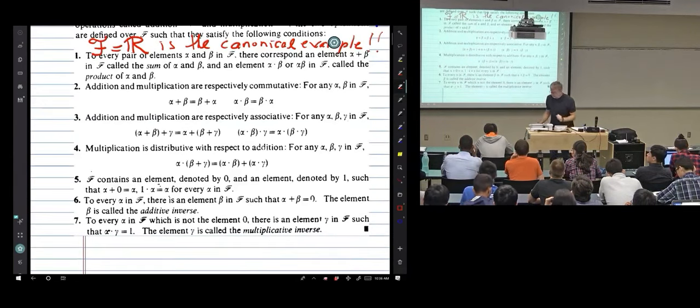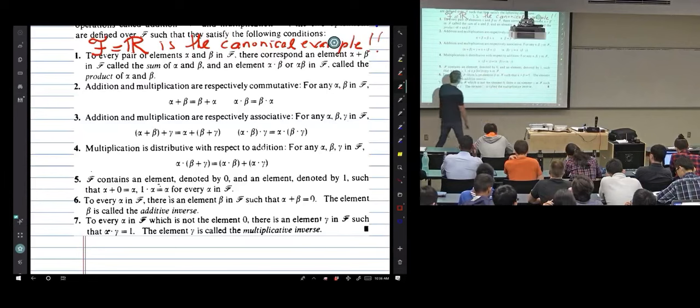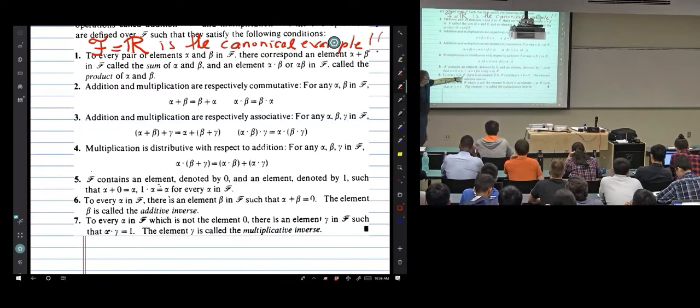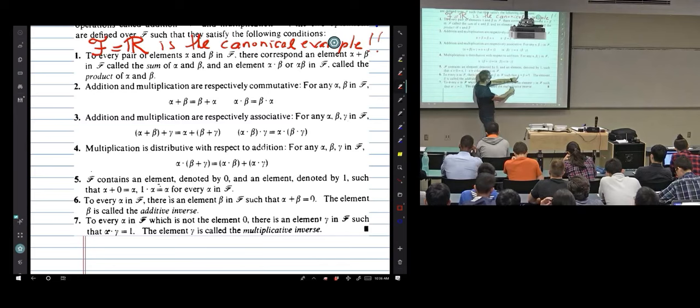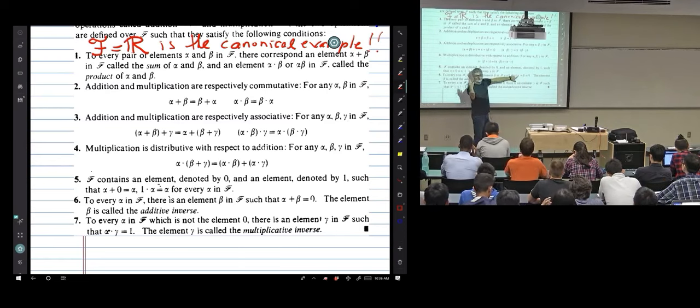And then there's these last 2. Every scalar in the field has an additive inverse. For every alpha, there is a beta such that when I add it to alpha, I get 0. We always call beta equal to minus alpha, okay? It's an additive inverse.